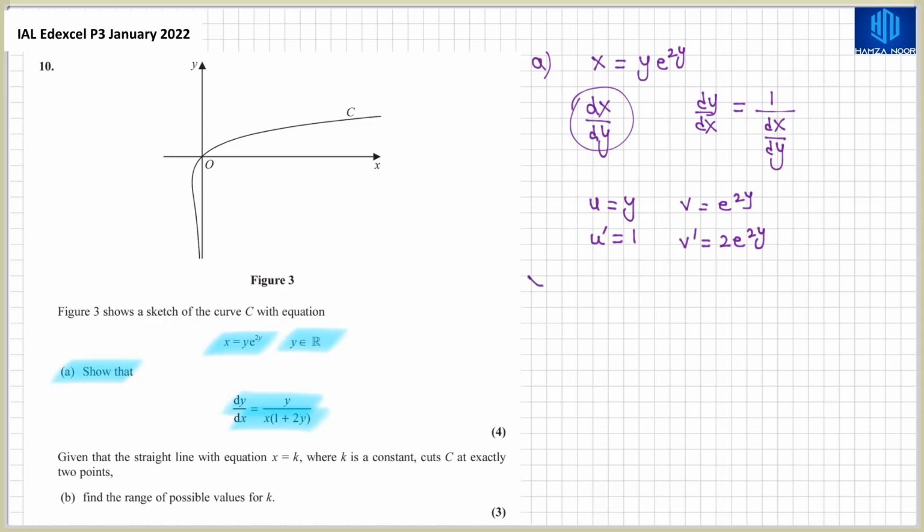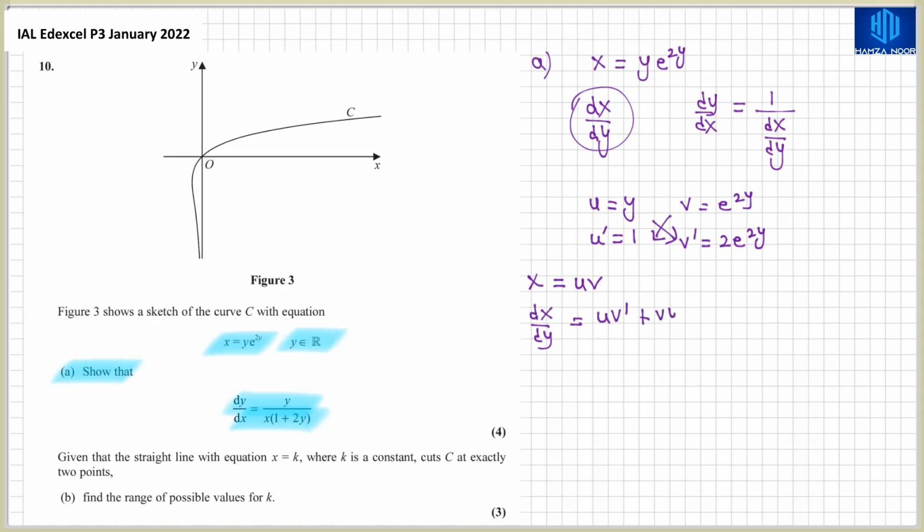The equation of the curve is given in the form x equals u times v, where u is a function of y and v is also a function of y. So dx over dy will be equal to uv dash plus vu dash.